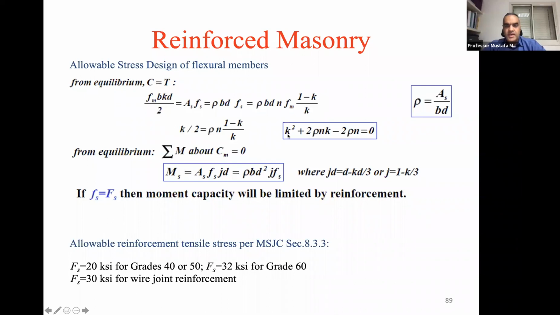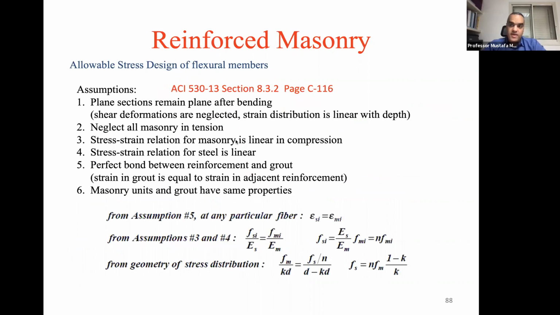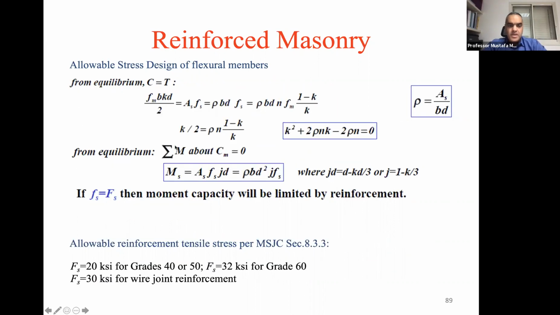And then we have this equation, K squared plus 2 rho N K minus 2 rho N equals 0. So you need to solve this, because this will give you the K value. Everything is known. If you know the K value, then you know the depth of the neutral axis, then you can find everything.